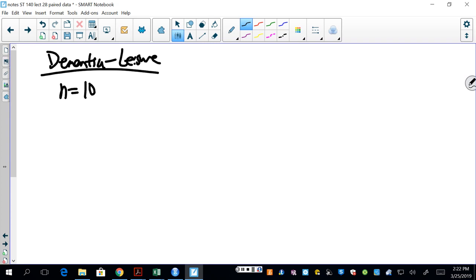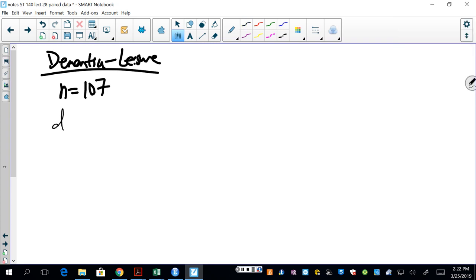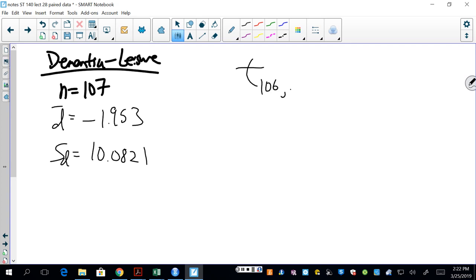There's 107 pairs. R negative 1.9 plus 3 standard deviation. p-value. Write out a confidence interval, or do a hypothesis test.